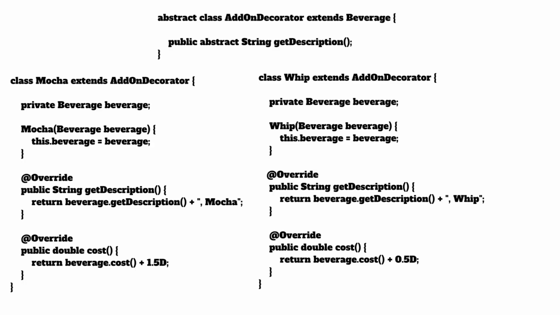So earlier we had dark roast coffee, we decorated it with a whip, and now we are passing this beverage into the constructor of mocha so that the mocha will be decorated on top of the whip. So in this way, by extending our coffee classes and our add-on classes, we are able to reusably apply the same add-on again and again on top of the same base class coffee.